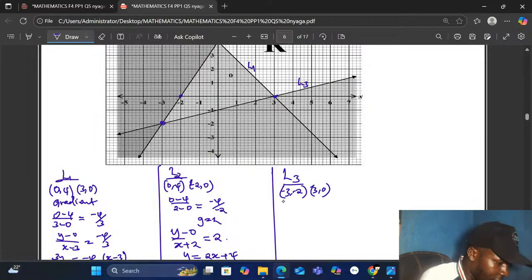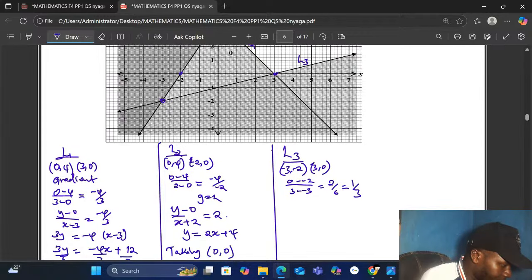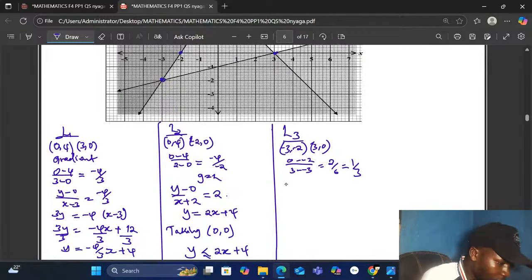Now the gradient is 0 minus negative 2 over 3 minus negative 3. So we shall have 2 over 6, which is equal to a third. So that is the gradient. We look now for the equation. We simply take one of the points, 3, 0. So y minus 0 over x minus 3 gives us a third.